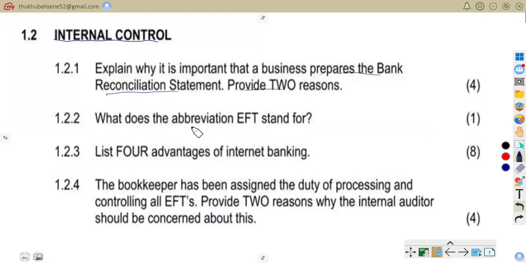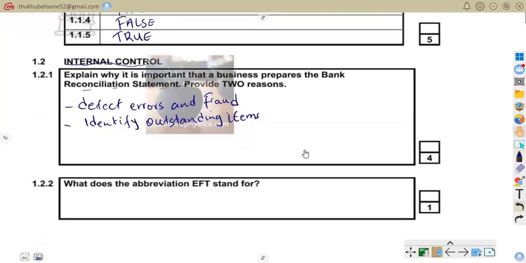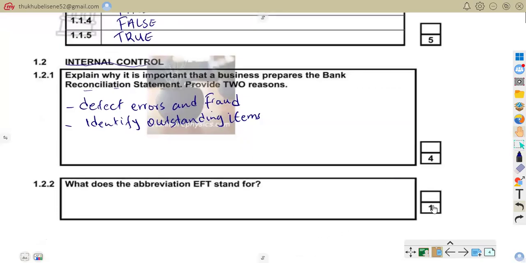1.22. What does the abbreviation EFT stand for? That is what we are asked to answer on question 1.22. So that is electronic funds transfer, meaning the money is transferred electronically between accounts.